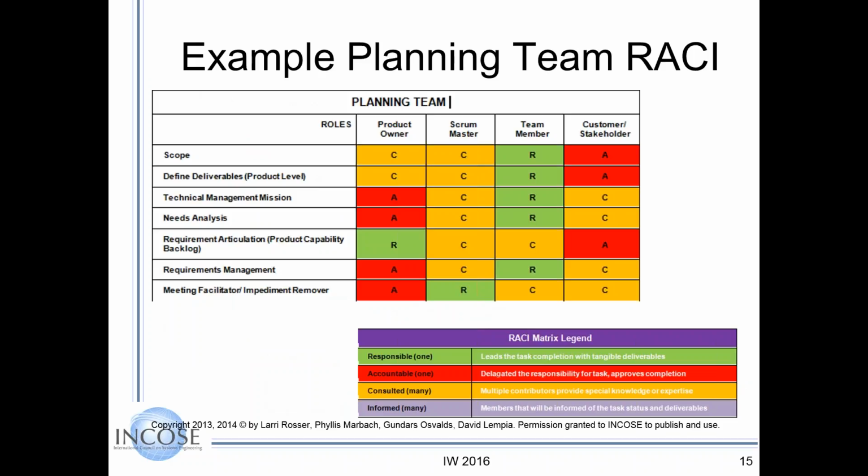So the article, here's an example, the planning that they own, for instance, the scope of work, the technical management, and a lot of these terms we actually, in INCOSE handbook, that's for at a planning level. This requirements articulation, it's product capability.